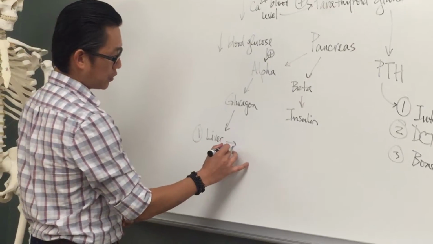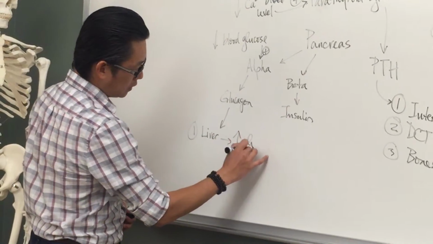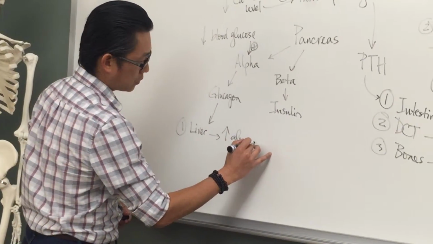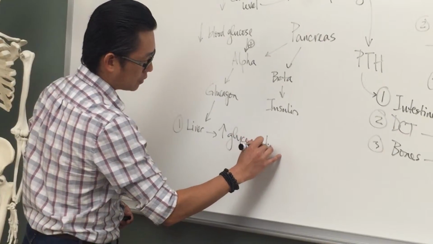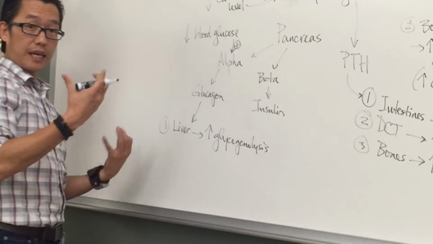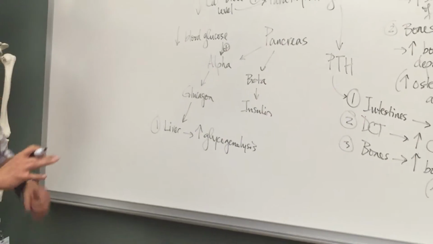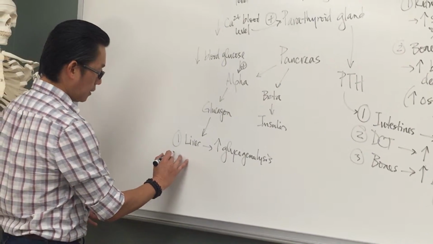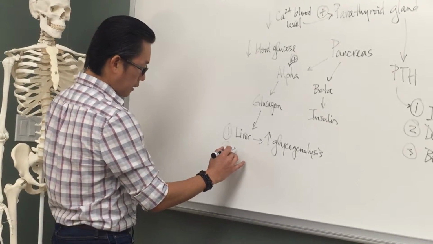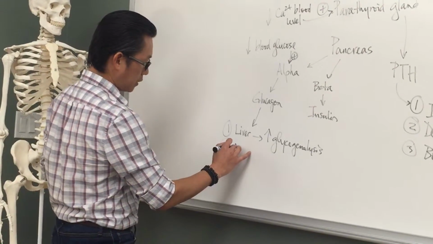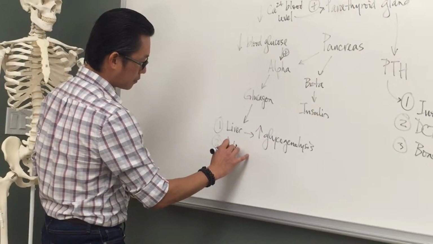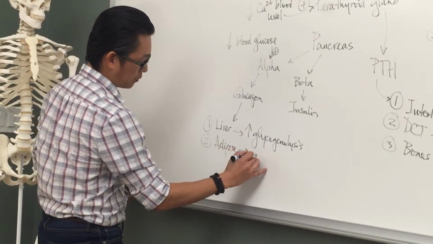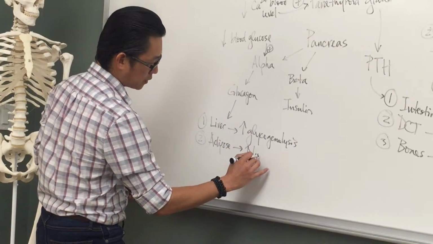And it tells the liver to increase glycogenolysis, breakdown of glycogen into glucose molecules to liberate those glucose molecules back into the circulation. Also goes to the adipose tissue to increase lipolysis.